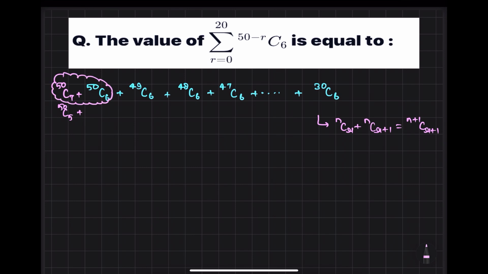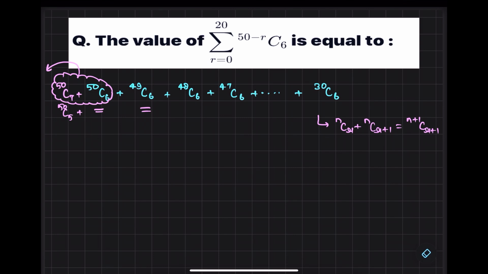Now observe these two. If you manipulate these two, the upper subscript will increase by 1 and it will become 51C7. So it is going beyond that summation sign, no? It is not initiating the chain reaction, because now this will have 51C and here it is 49C.